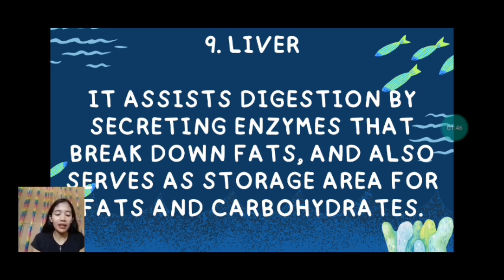It also plays a role in metabolism and nutrients, detoxification of harmful substances, storage of energy reserves, and production of various proteins and hormones necessary for the fish's overall physiological processes.